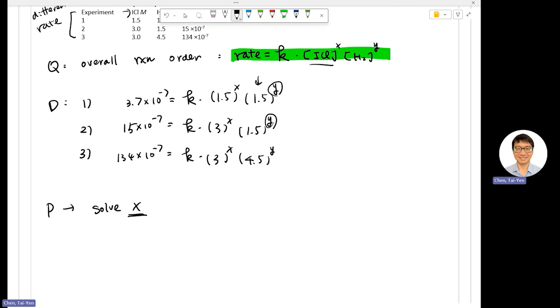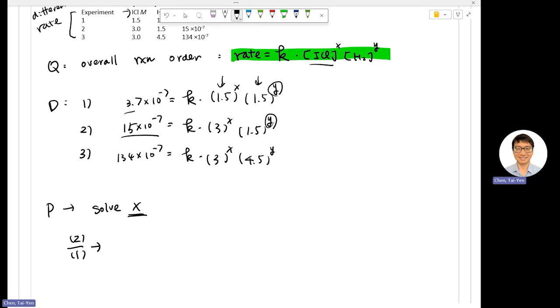If you have that concept in mind, then you know the two equations you want to pick are 1 and 2, right? Because the concentration of your first component is different, but the second one is the same, so that you can just solve for your X. Okay, so we do 2 divided by 1.